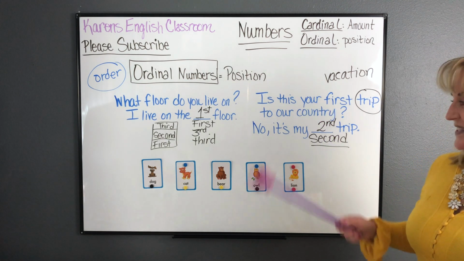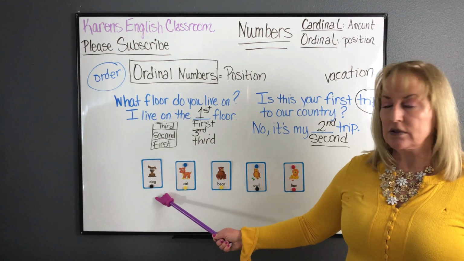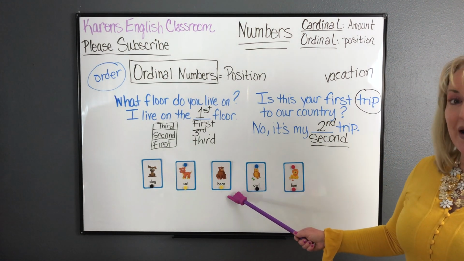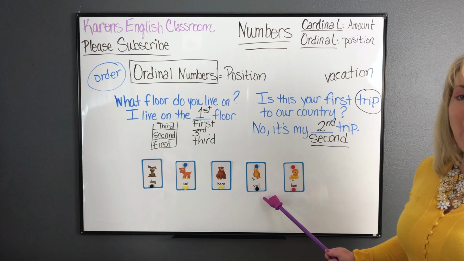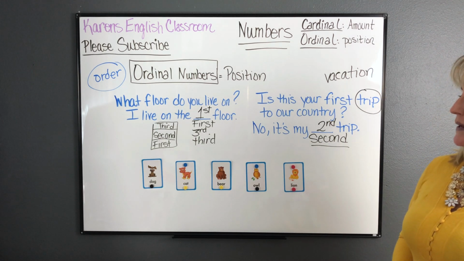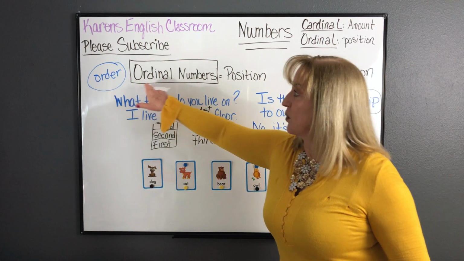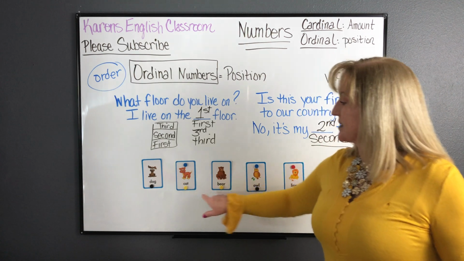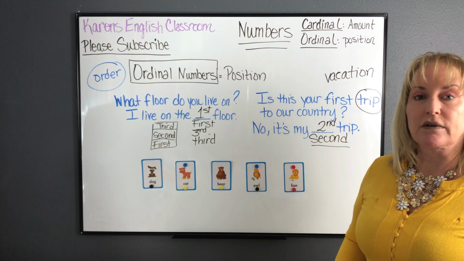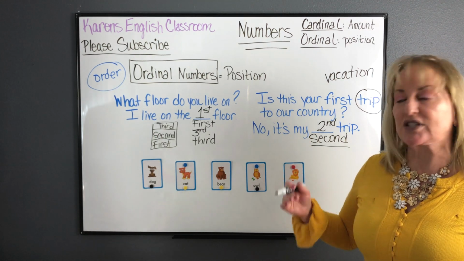Very good, class. Okay, so let's look here. We have some animals. We have a dog, a cat, a bear, an owl, and a lion. So the position, or the order, ordinal, of these animals. The dog is number 1, yes, but we don't say number 1, we say first.